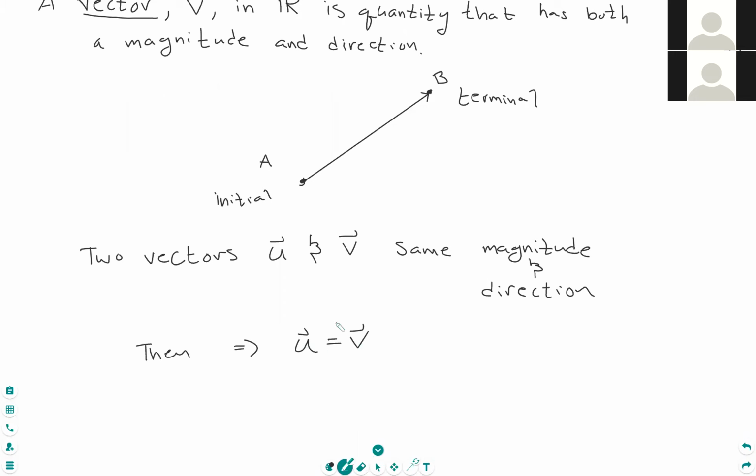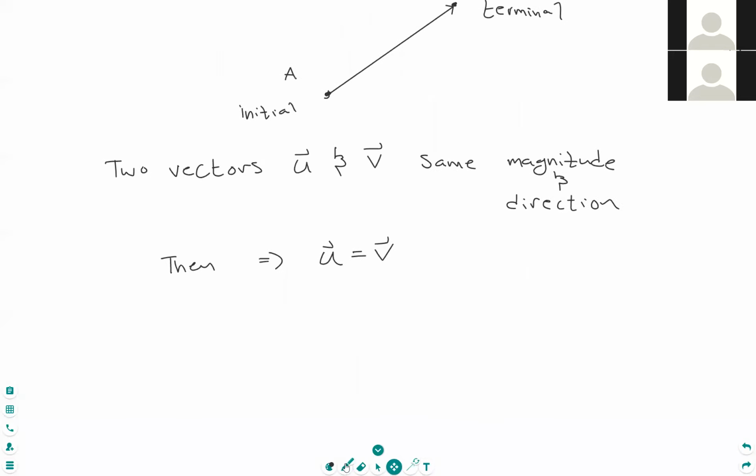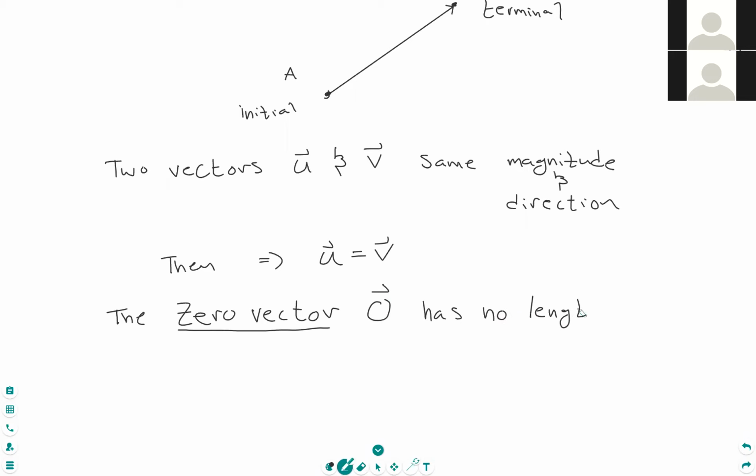So now by introducing this concept, we actually have to talk about the zero vector. The zero vector, which we'll denote with just a zero with the vector symbol on top, has no length and thus no direction.